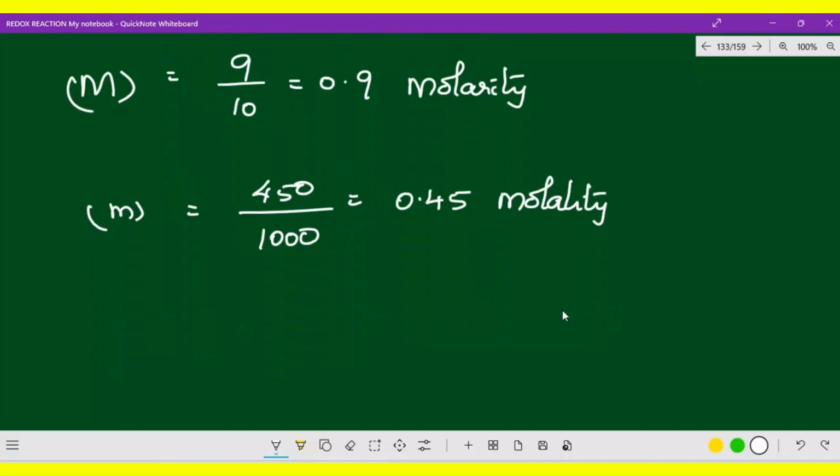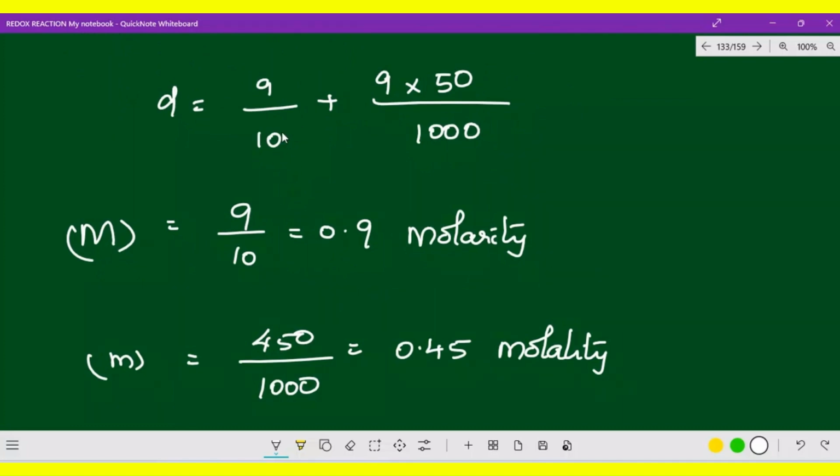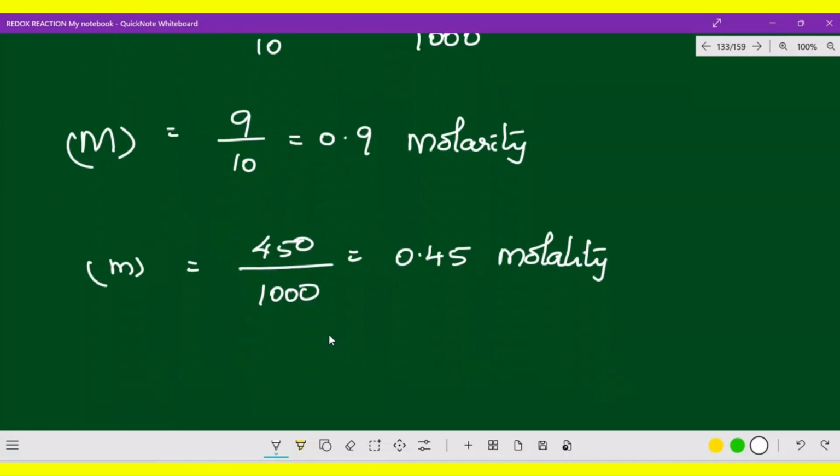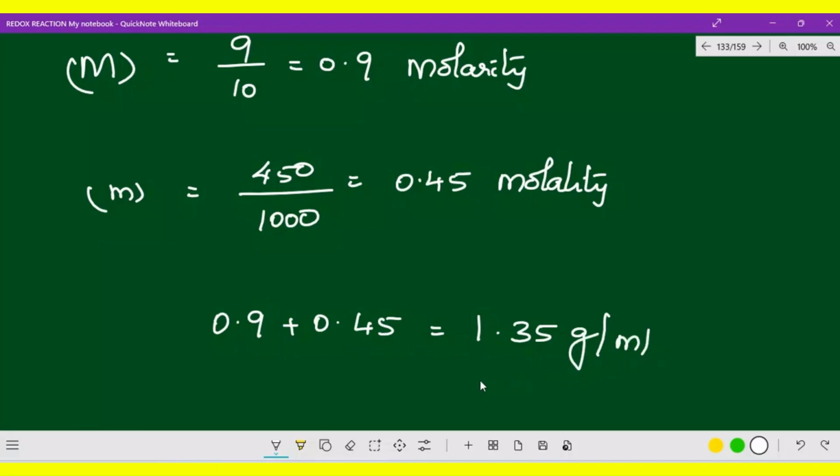Now next, both you have to add. We are getting 0.9 and 0.45, and I am adding both of these. So 0.9 plus 0.45, you will get 1.35 gram per ml. That is the density, we got it.